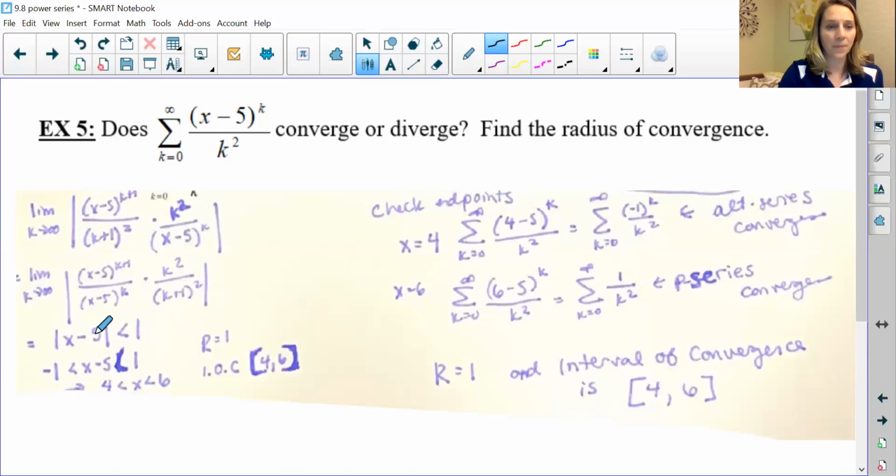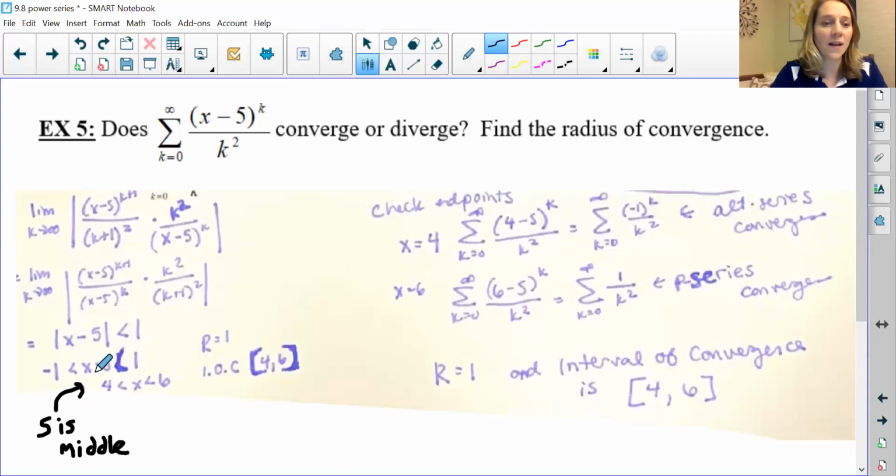We can see that this has to be less than 1, which means it has to be between -1 and 1. And so here you can kind of see that, like, hey, what is in the middle here, right? 5 is in the middle. It's our center. Right? That's kind of cool.